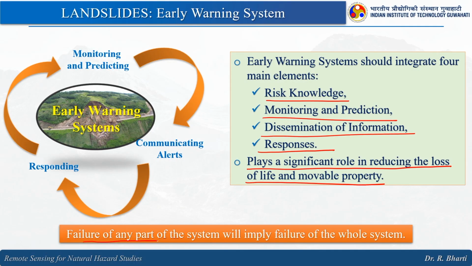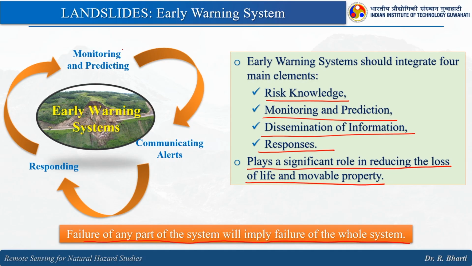And remember, as we discussed earlier, failure of any part of the system will imply failure of the whole system. So, an early warning system should have all these components, then only can it qualify to be called an early warning system. So, with this I will end my lecture here. This module 8 is over now.